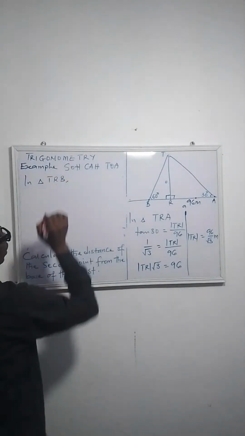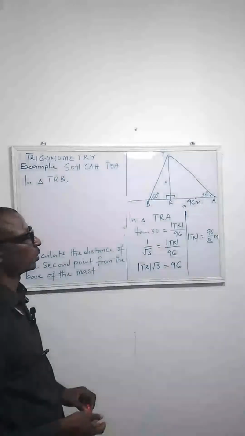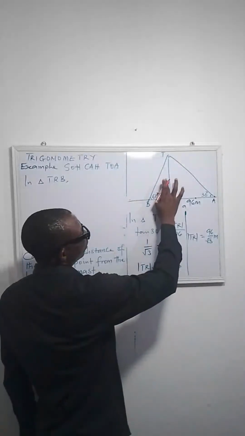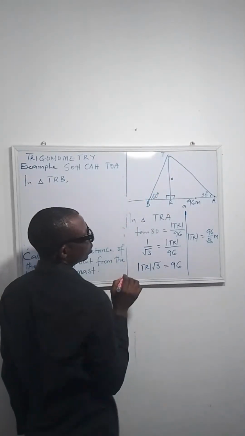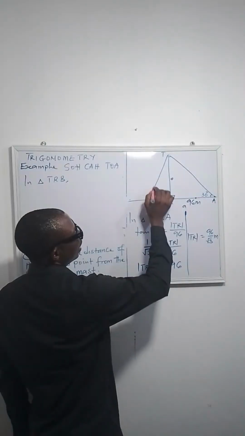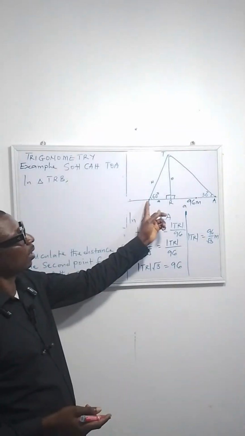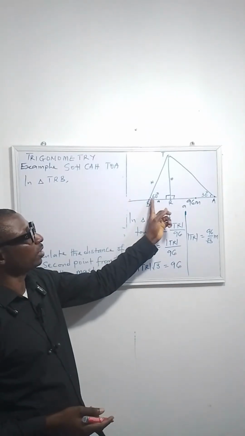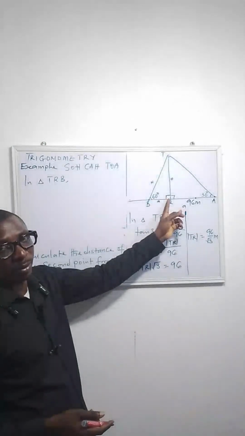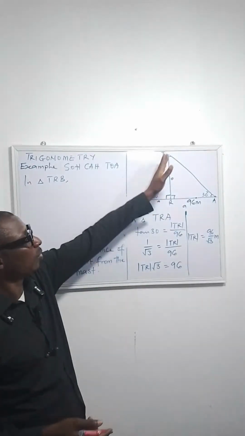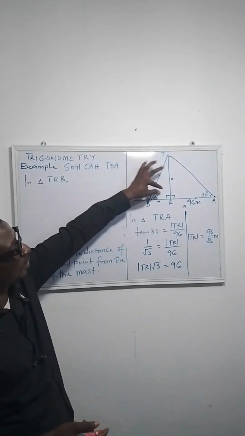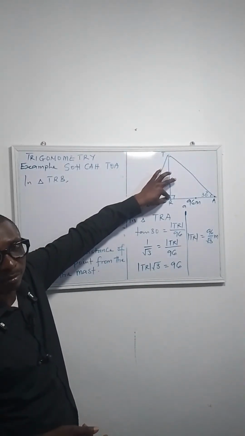Let's examine it very well: this is the opposite, this is adjacent and this is the hypotenuse. Don't forget that the adjacent side touches the reference angle and the right angle, and the hypotenuse is the side that is facing the right angle.